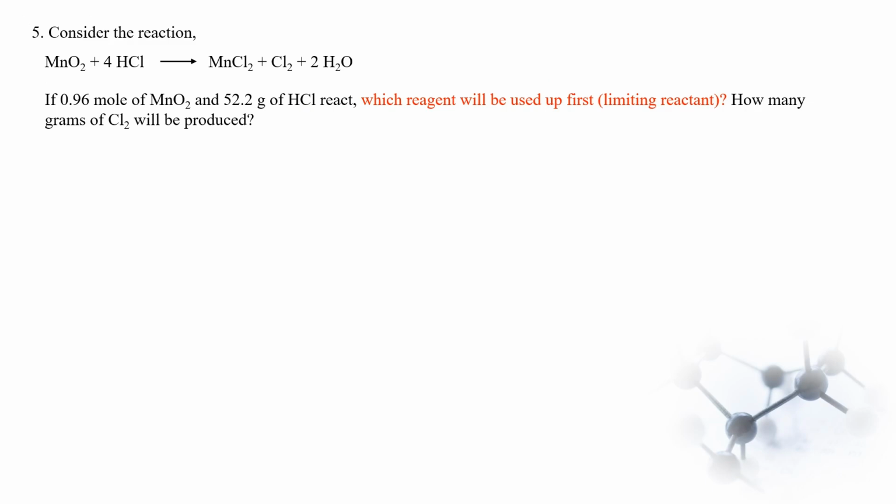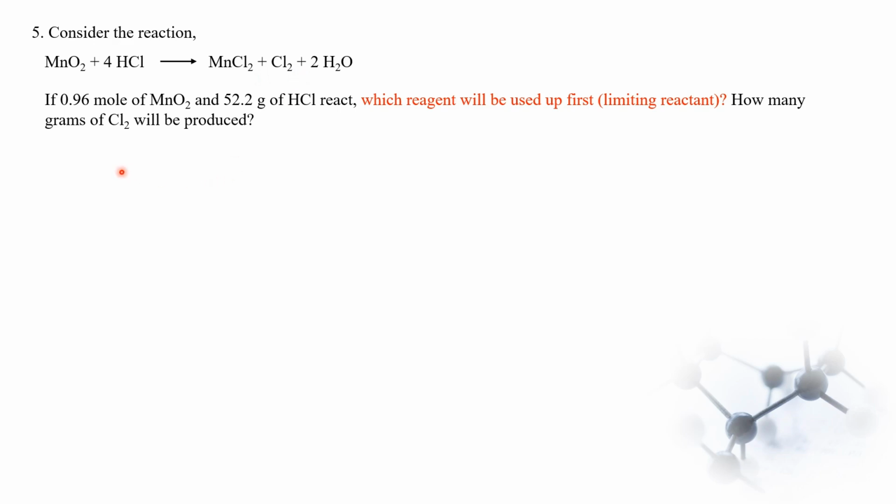Let's talk about our last question. Consider the reaction given. The reaction is already balanced. There are 2 reactants on the reactant side, MnO2 and 4 moles of HCl, and on the product side, there are 3 products given.